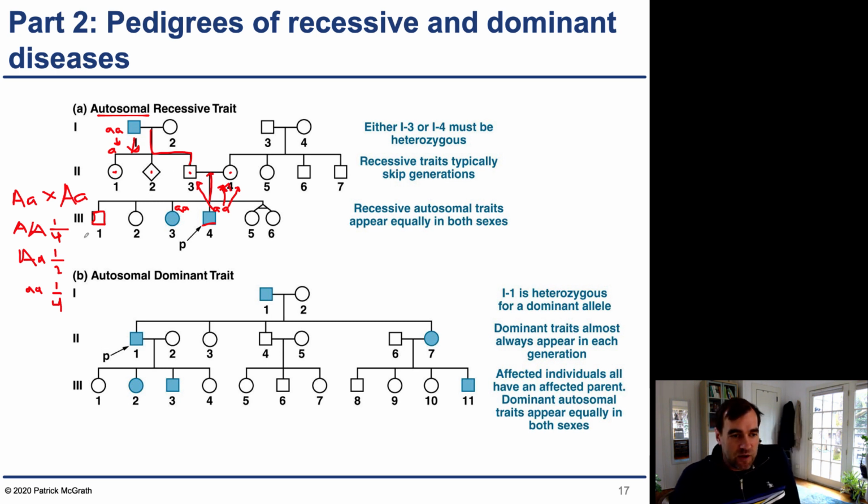But you can't actually do that because we now know extra information about this individual. We know for certain that this individual is not little a. And so the probability that this individual is a carrier is not 1/2, but it's actually 2/3.